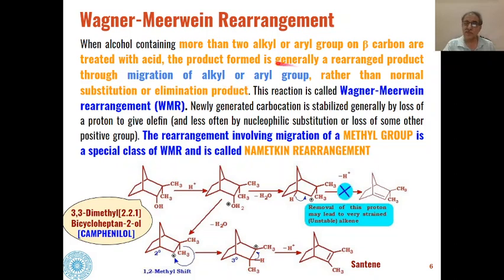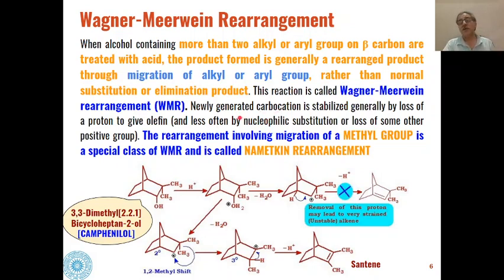Such migration gives us a rearranged or abnormal product, and that type of process is known as Wagner-Meerwein rearrangement.